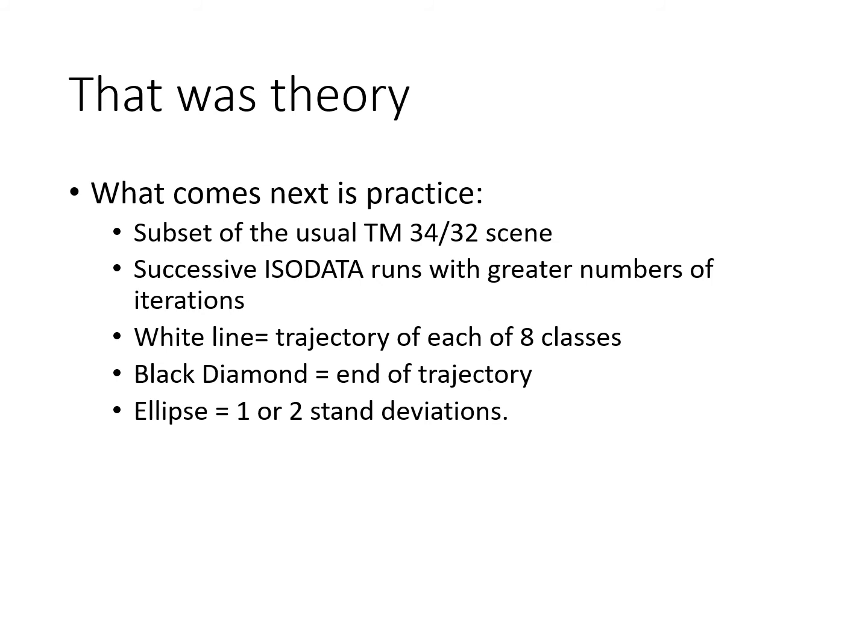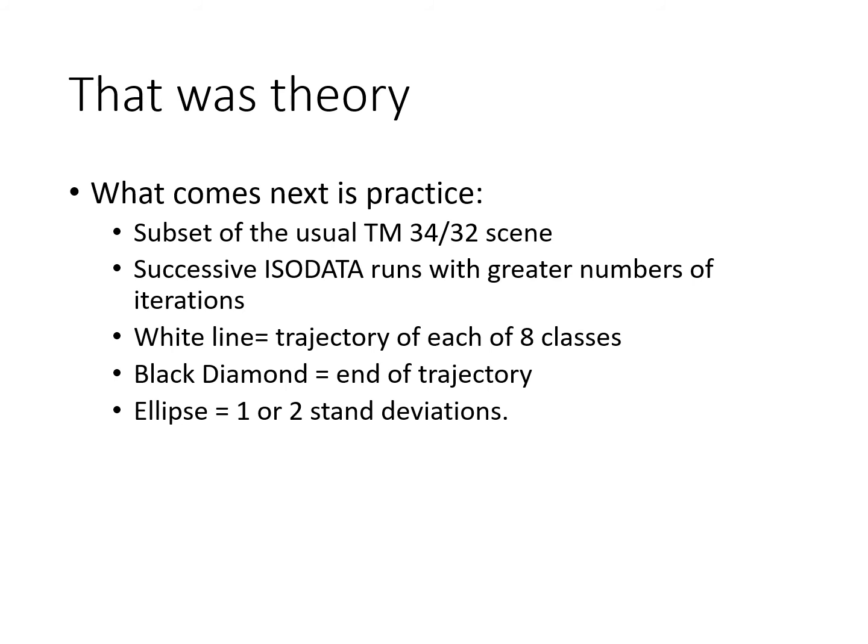So I started out by running it once and recording the positions of the cluster means, and then I did it twice and recorded those positions. And so you can actually see, using this data set, how the cluster means change as a function of iteration.